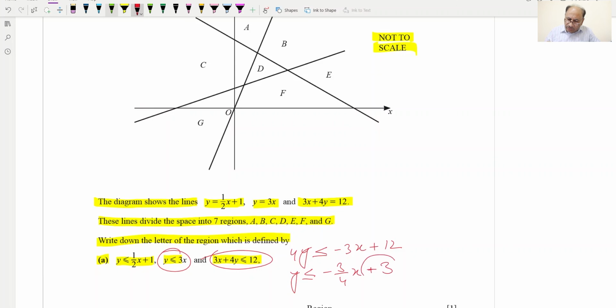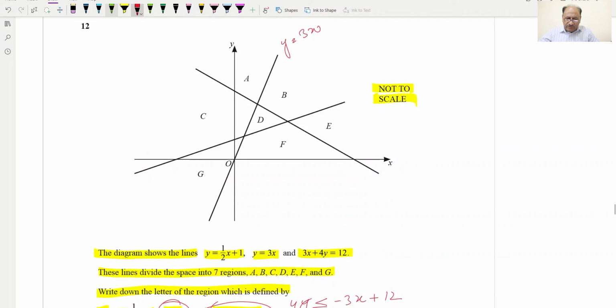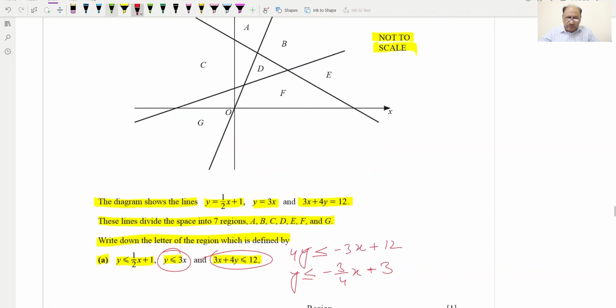So it's passing through 3 and the gradient is negative. This is the only line which has a negative gradient. On the basis of negative gradient, we can identify that this line is y is equal to minus 3 by 4 x plus 3.